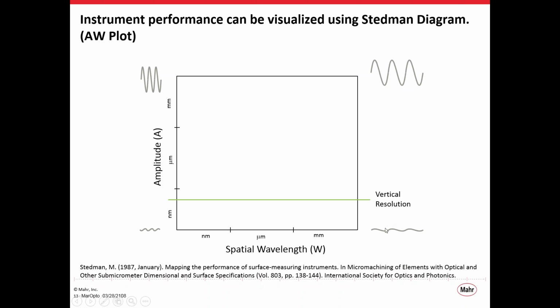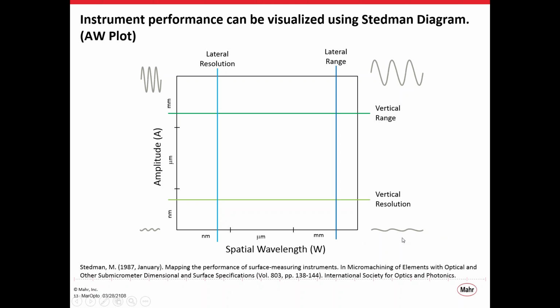The smallest amplitude of deviation that you're going to be able to measure is going to be limited by the vertical resolution of the instrument. And likewise, the smallest spatial wavelengths that you're going to be able to measure are going to be limited by the lateral resolution of the instrument. And the largest feature sizes that you're going to be able to measure are limited by the lateral range of the instrument.